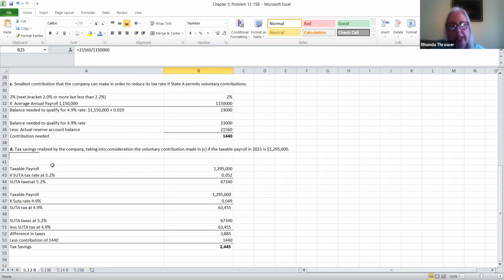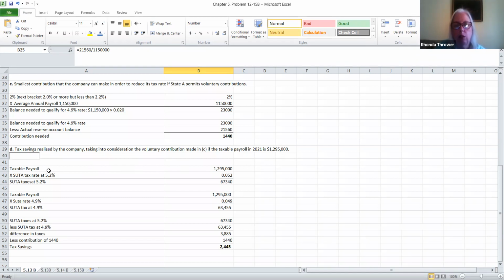In Part D, they're asking you to find the tax savings that is realized by the company, taking into consideration the voluntary contribution that we found that they needed to make in C. Notice the taxable payroll is changing to 1,295,000 in 2021.